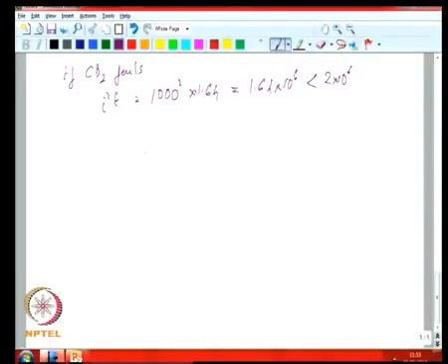For the other range of current, you have 600 square into 4.9 seconds equal to 1.78, which is also less than 2 into 10 to the power of 6 ampere square second. So due to the failure of circuit breaker 2 you might have some damage in zone 2, but the damage does not propagate into zone 1.